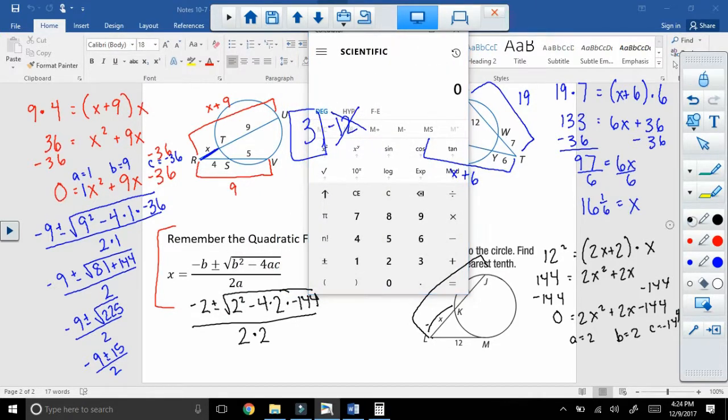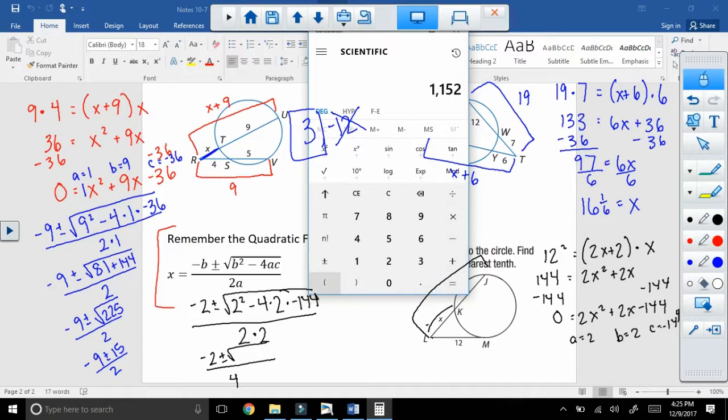Okay, so for this one here, I have negative 2 plus or minus. I know that this is going to be 4, and I have the square root. It was kind of messing up a minute ago when I was trying it, so I'm going to type in this part first. And I know a negative times a negative is a positive, so I'm just going to type in 4 times 2 times 144.